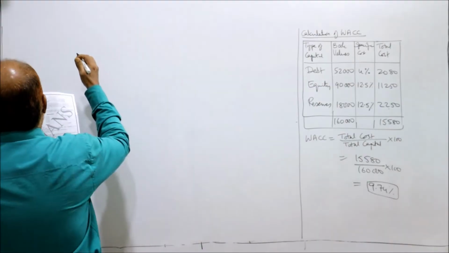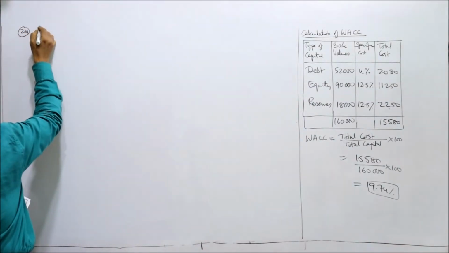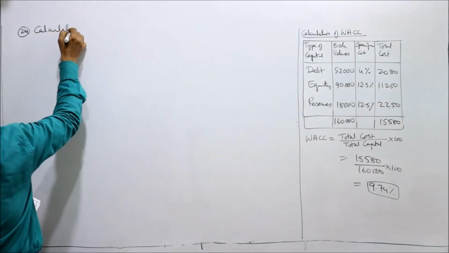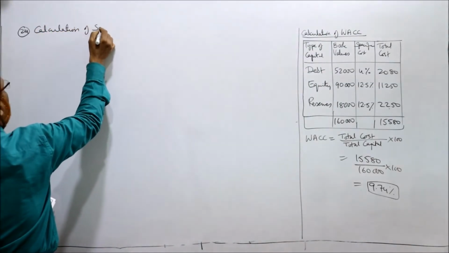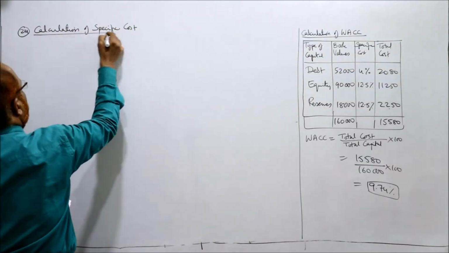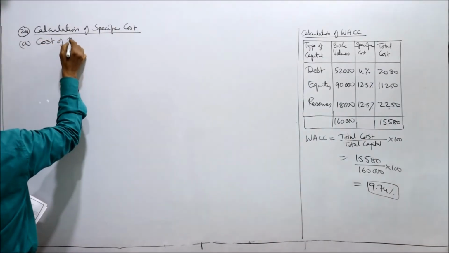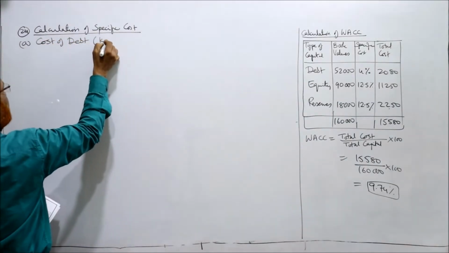So पहले first of all 24th problem. Calculation of specific cost. A. Cost of debt, KD.